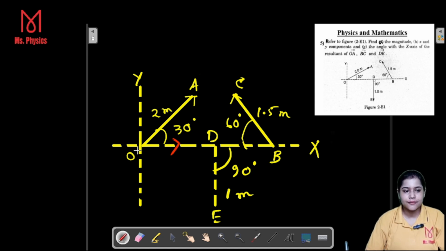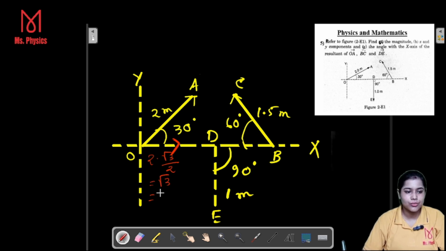First you see that the vector OA, its value is given, that is 2. Now along the x-axis the component would be nothing but 2 cos theta, that means 2 cos 30 degree. Now cos 30 is root 3 by 2. So 2 into root 3 over 2 is equal to root 3.